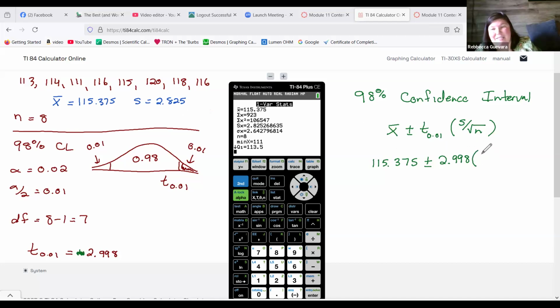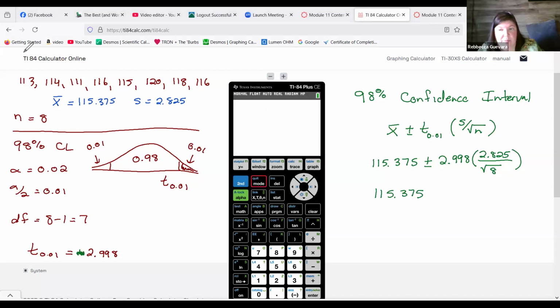My S is 2.825, and then we divide this by the square root of the sample size, and that's going to be those 8 cookies. So 2.998 times 2.825 divided by square root of 8.